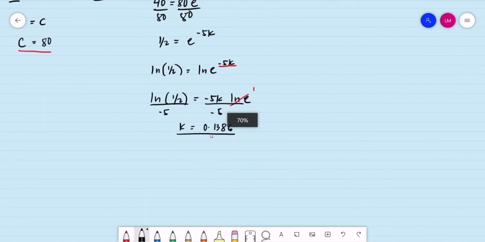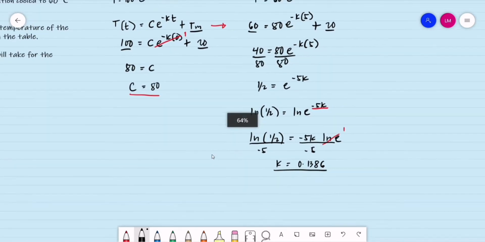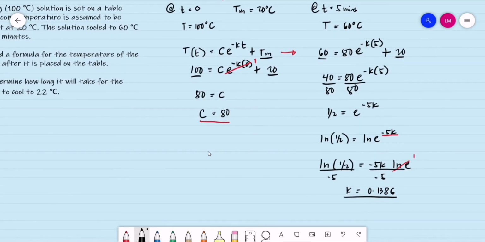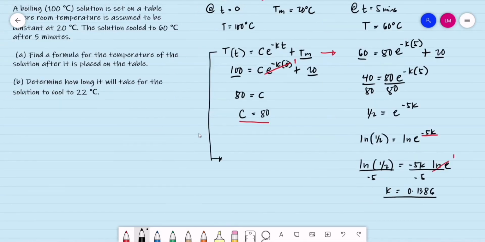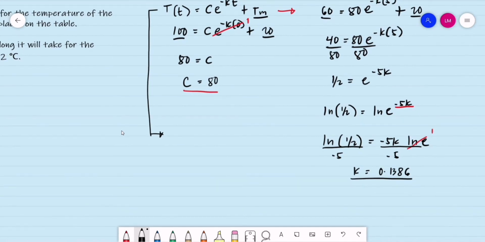Since we now have the value of the constant C and the proportionality constant k, let's have our working equation, or the expression for the temperature at any time t. That is what is required for letter A. Again, from our initial equation, the temperature at any time t is equal to C times e raised to negative k times t, plus T sub m.